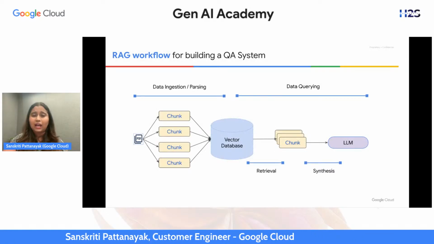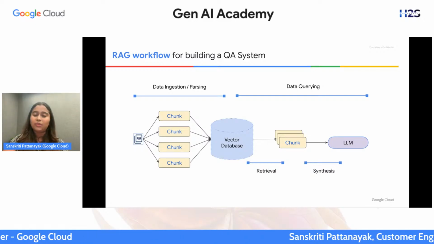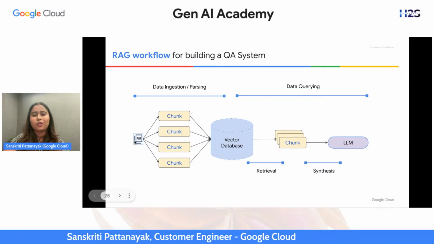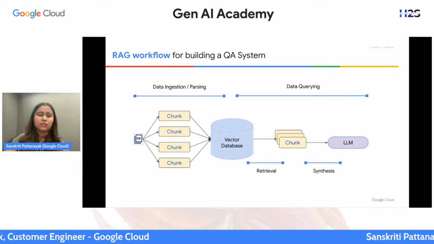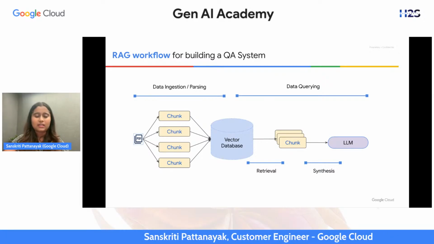So what does a RAG flow look like now for a Q&A system? Let's understand this in the context of building an HR bot for my internal employees. First I'll have tons of HR documents, right? Policies in the company, employee benefits, employee expectations, finance and payment related things, like how pay slips go out.